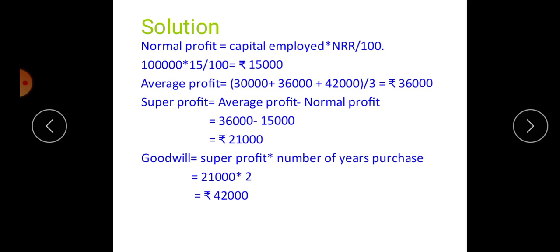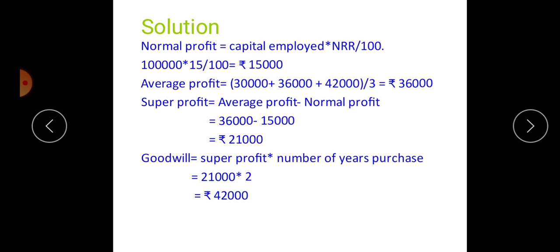Now to calculate super profit, the formula will be average profit minus normal profit. 36,000 minus 15,000, that is 21,000 rupees. Super profit is 21,000, and the number of year purchases given in the question is 2. So super profit multiplied by 2, 21,000 multiplied by 2, the goodwill of the firm is 42,000 rupees.